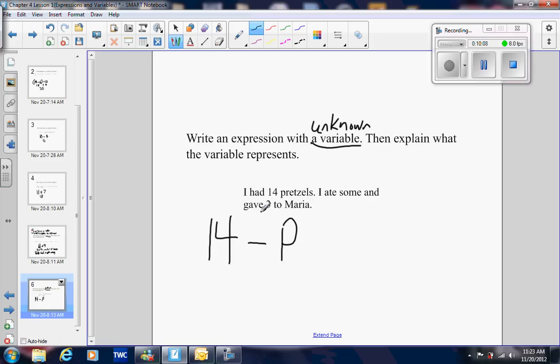Now that's an event, that's something that happened, so I'll put that in parentheses. Now you may not have had these parentheses. That would be something that I could add for this event. So something that happened, and you can bracket that. I had 14 pretzels. I ate some and gave 3 to Maria. So I am going to subtract again, because I'm going to give 3 to Maria.